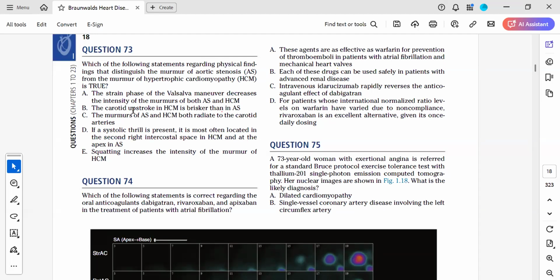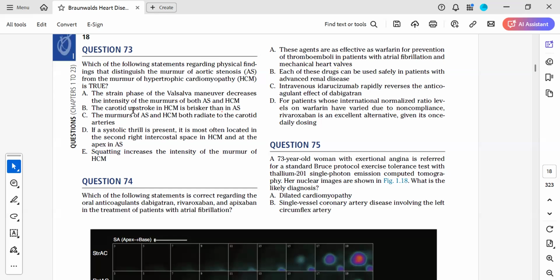So it's reversed. Secondly, the murmur of HCM diminishes in intensity with maneuvers that augment left ventricular filling, such as sudden squatting from the standing position.